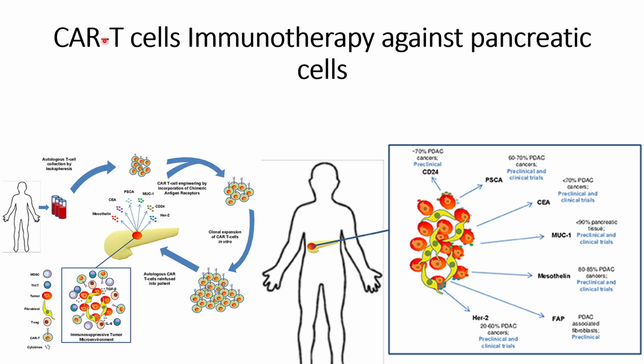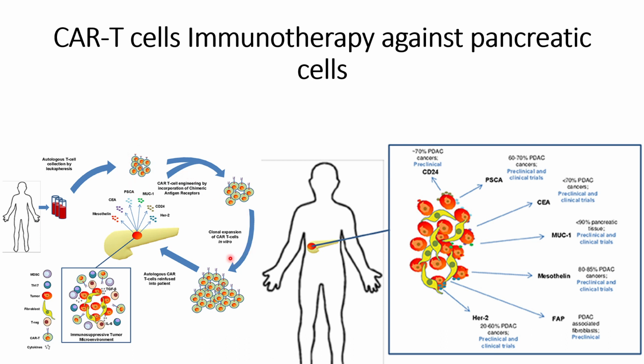This CAR is known as chimeric antigen receptor. So this is designed based on the antigen against which we want the immune system to work. So these CAR chimeric antigen receptors are added or engineered into these T cells.